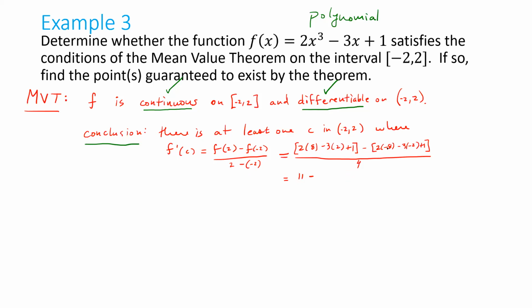And then here we get -16 plus 6. So -10 plus 1 is -9. We get 20 over 4, which is 5. So we want to now solve when f prime of x is equal to 5.